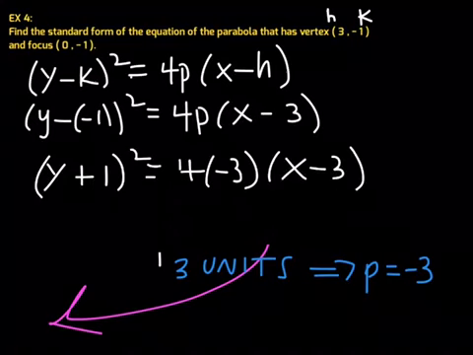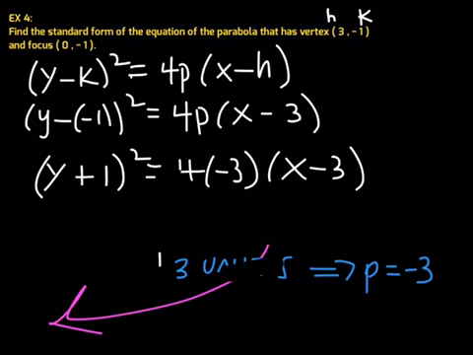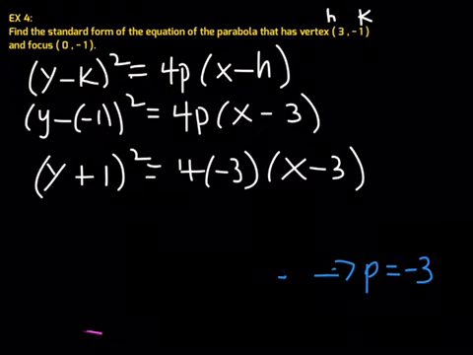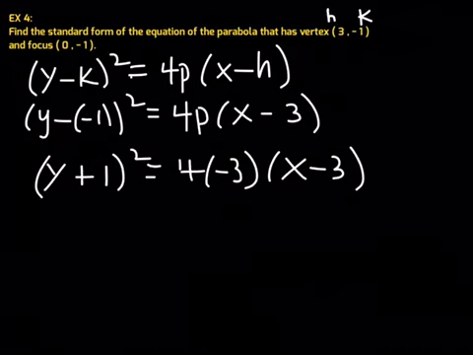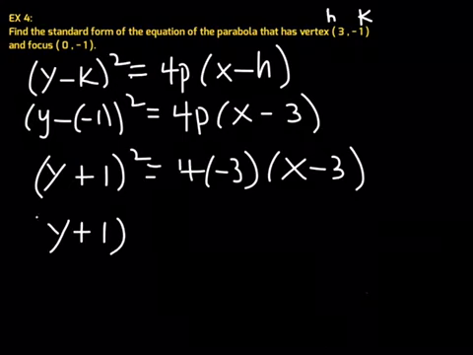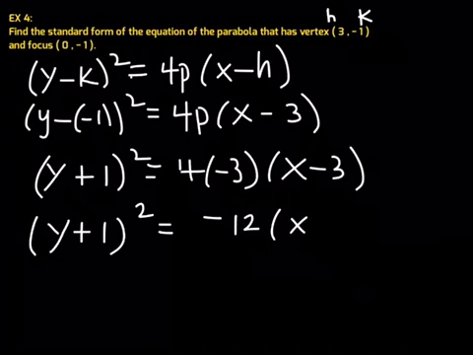So then that is going to give us a standard form of, okay, good. We got (y plus 1) quantity squared is equal to -12 times (x minus 3). This is the standard form for the parabola that they were describing earlier.